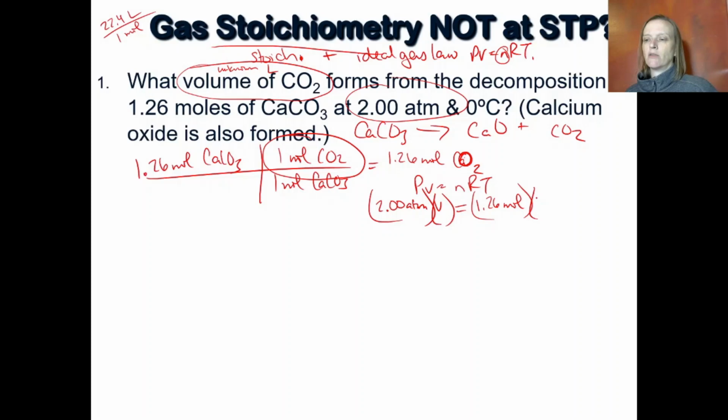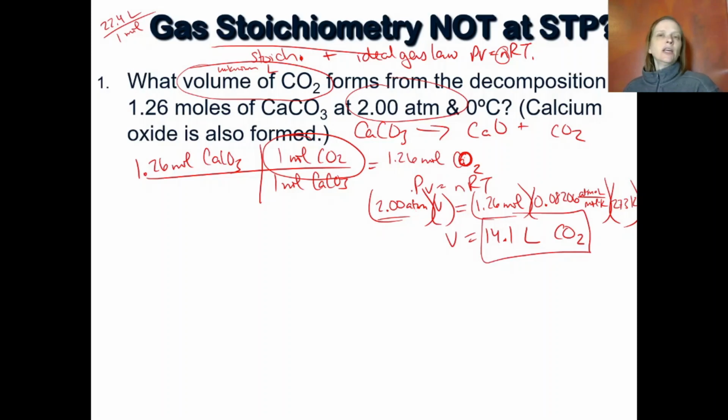So I use the R value of 0.08206 atmospheres liters per mole Kelvin. And my temperature in Kelvin is 273 Kelvin. Solving now for volume and reporting my answer to 3 significant figures, V equals 14.1 liters of carbon dioxide.